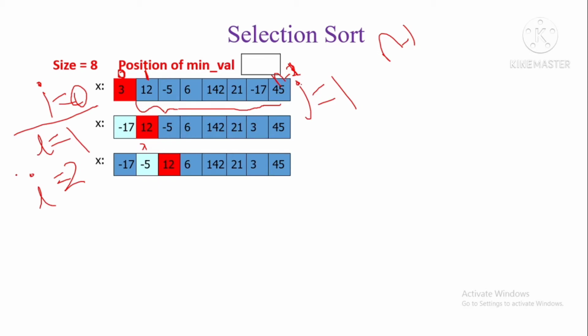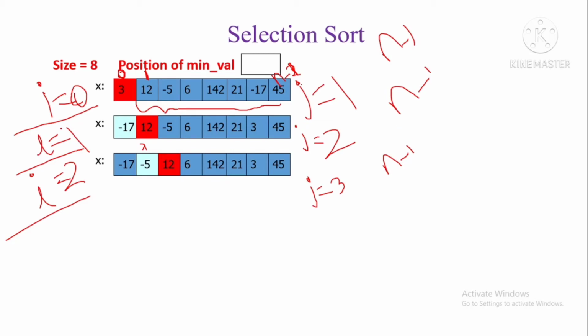Then when I is equal to 1, I have to find out a minimal element from 2 to n minus 1. Similarly, when I is equal to 2, I have to find the minimal element from 3 to n minus 1.